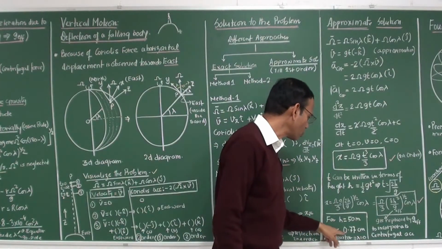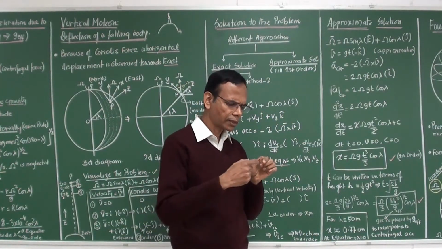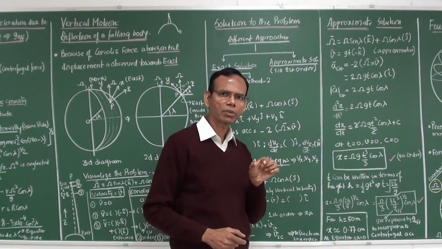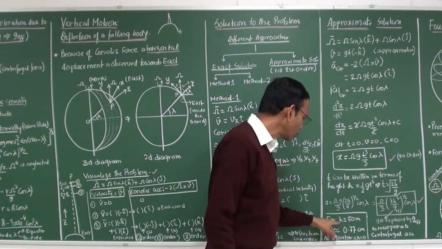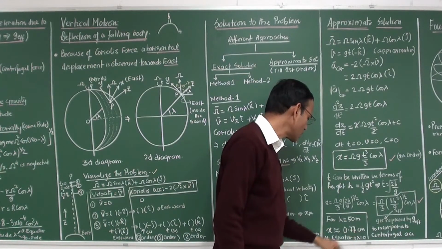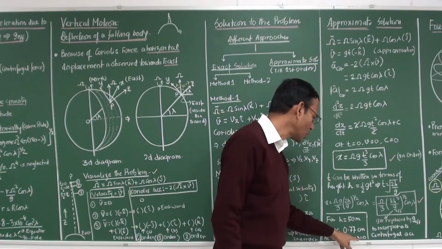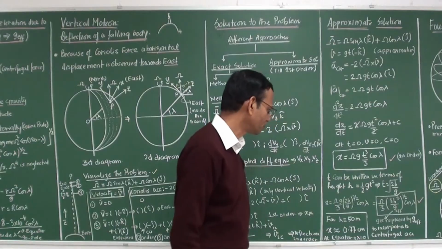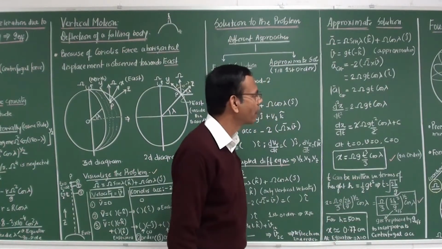That comes out to be 0.77 centimeter. 1 centimeter is like this, 0.77 is this much deflection. It is quite a small deflection, but okay. So for h equal to 50 meters, the deflection that you get is 0.77 centimeter at the equator. That is also the maximum, when lambda is equal to 0. That is towards the east.